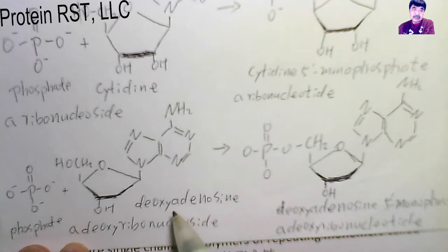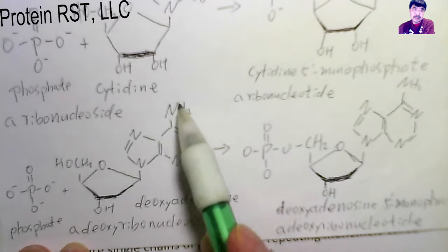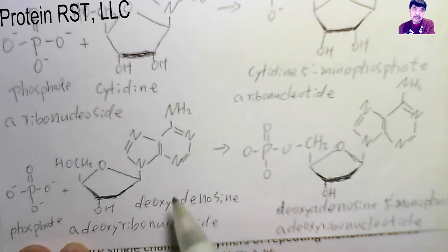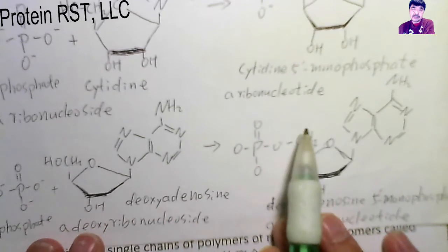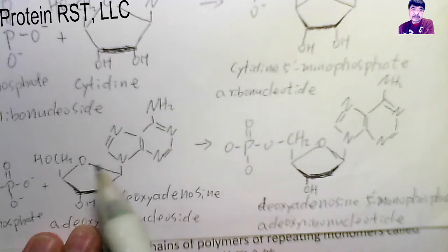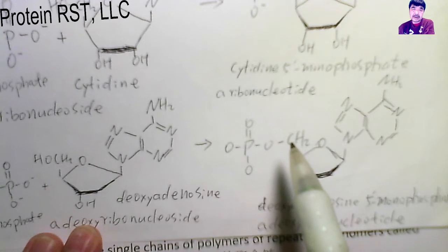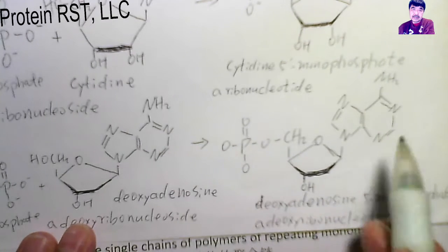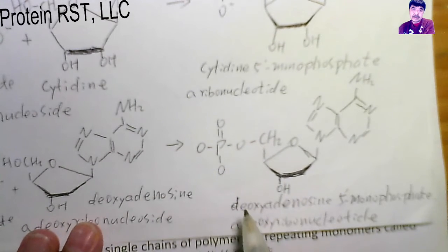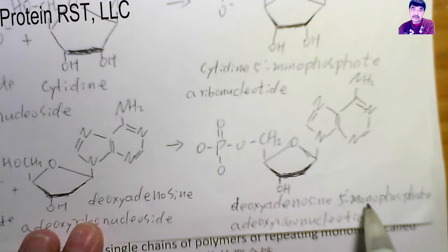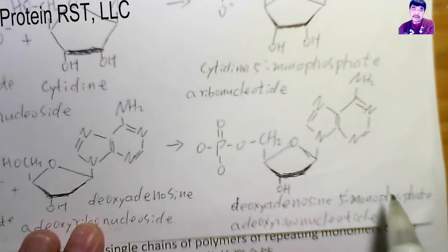This whole thing is the deoxyribonucleoside. With a phosphate bonded to the C5' position, the new compound is called deoxyadenosine 5' monophosphate. Only one phosphate.